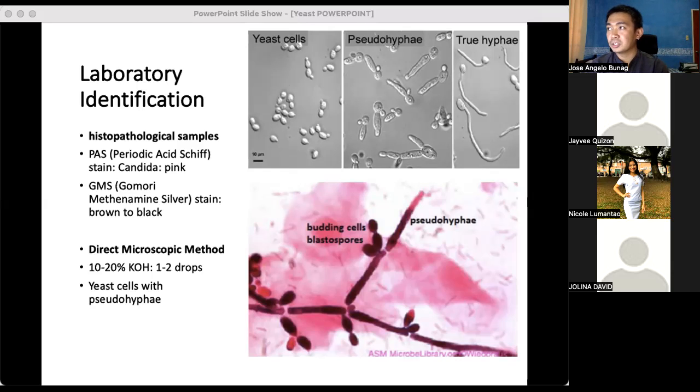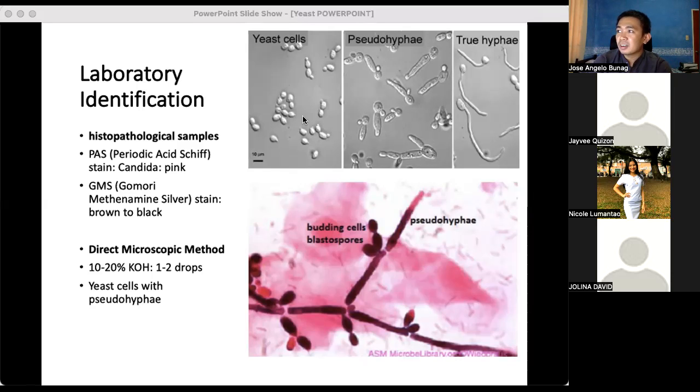But for other specimens like tissues, you could use periodic acid Schiff. Candida appears pink there. For Gomori methenamine silver stain, usually the color is brown to black.